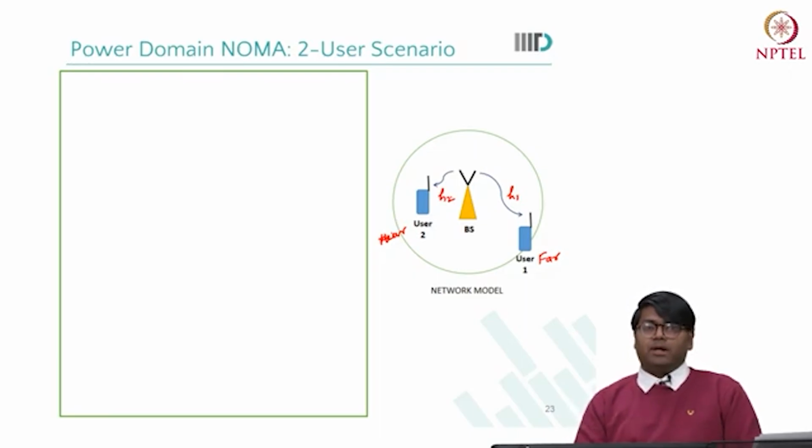In case of power domain NOMA, different powers are allocated to the different users. Now at the base station, power domain NOMA utilizes superposition coding, meaning the symbol transmitted from the base station is a superimposition of the messages intended for user 1 and user 2.